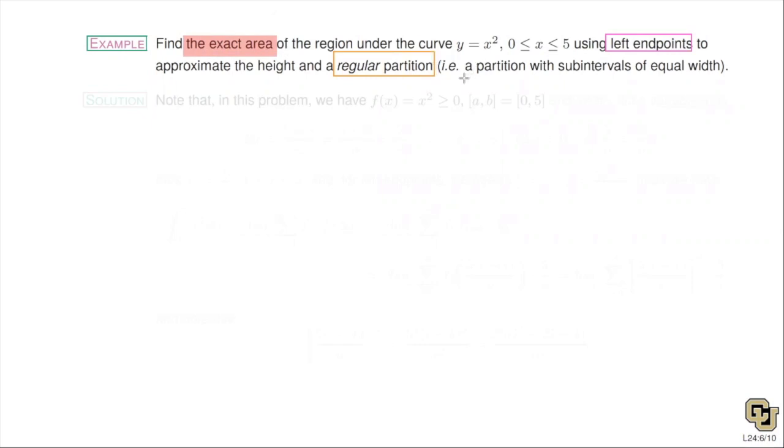That's just another way of saying use a partition with subintervals of equal width. What they have not told us is how many rectangles to use, and they don't need to. Because this is an exact area problem, the number of rectangles we will use will be n, where we send n to infinity.